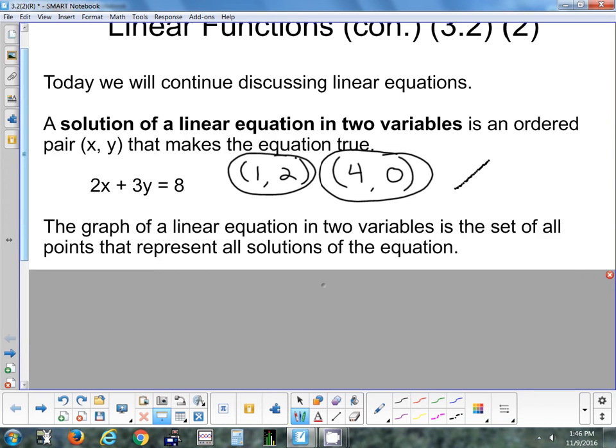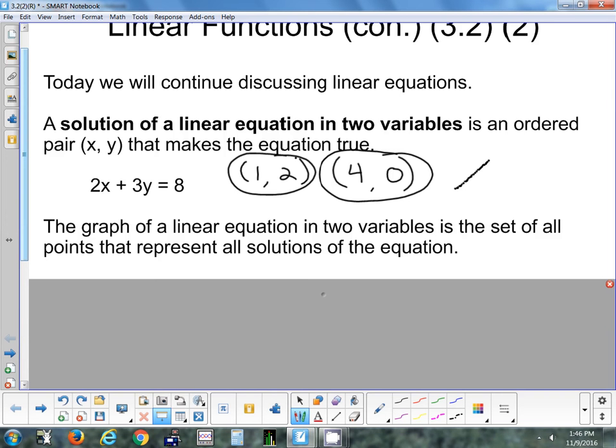So if you could take every single point that makes this true, including these two, and put them all together really, really close, you would have a picture of a line. And in fact, that's probably an easier way to find solutions. Draw a picture of this, and then once we have a picture, we can look at the graph and find the solutions.